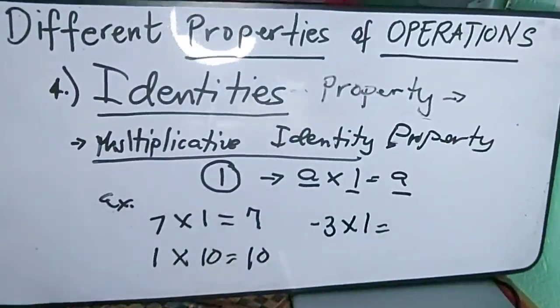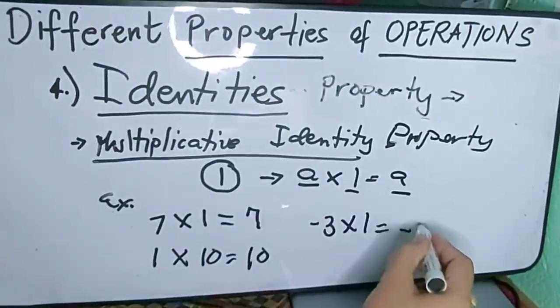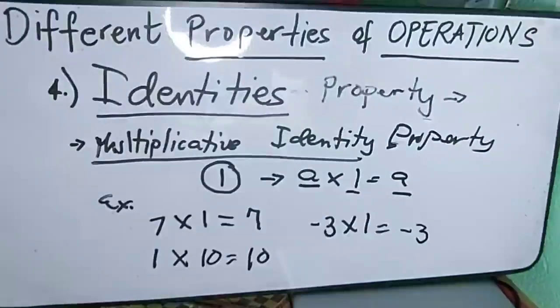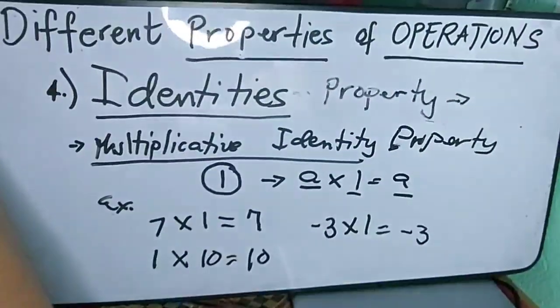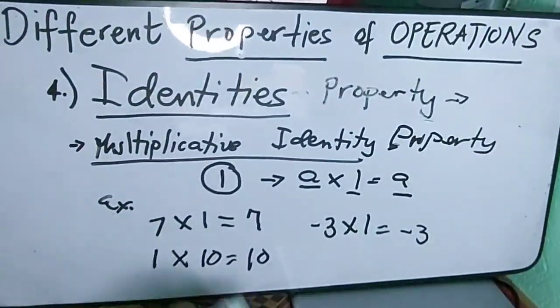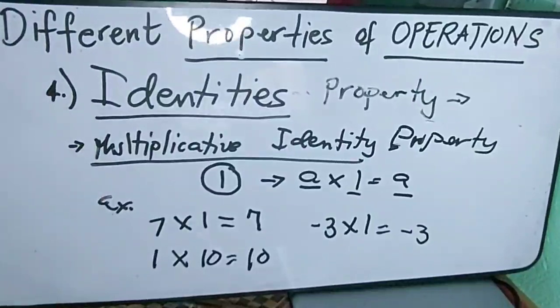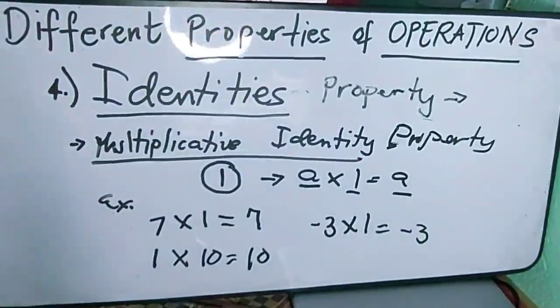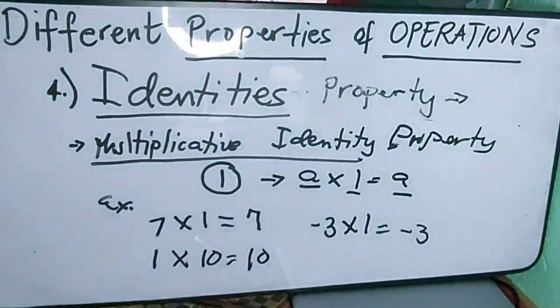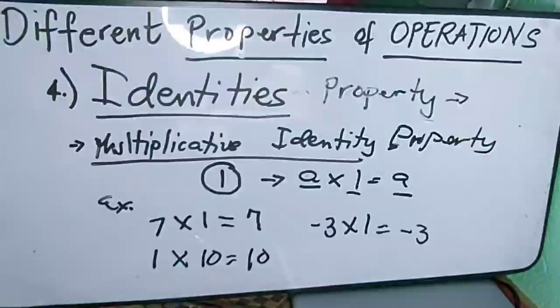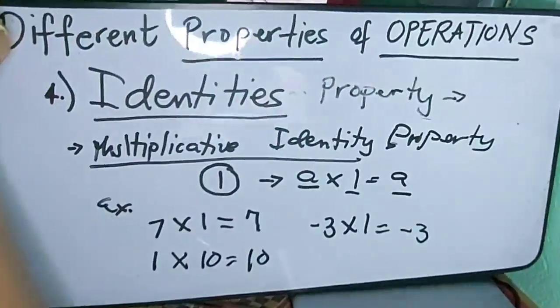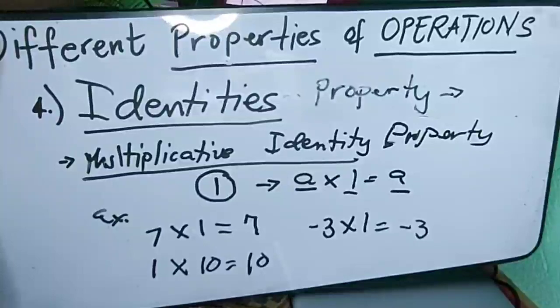What is the answer? Negative 3. So that is what we call the multiplicative identity property. Those are the two identity properties: the additive identity property and the multiplicative identity property.